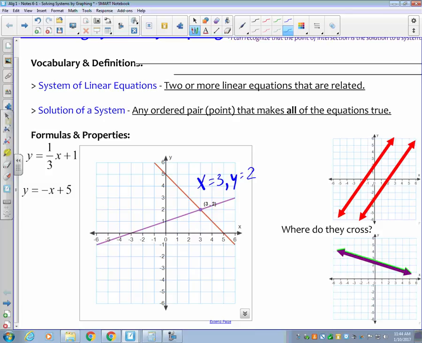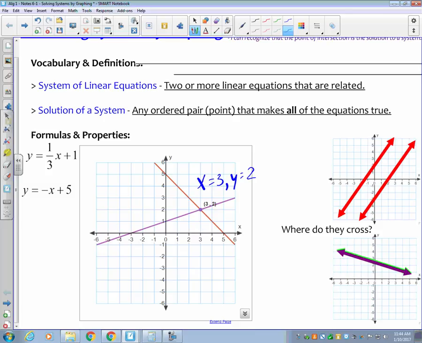You need both the x and the y value as an answer. So when we're doing this, don't just give one, just know you have to give the x and the y.